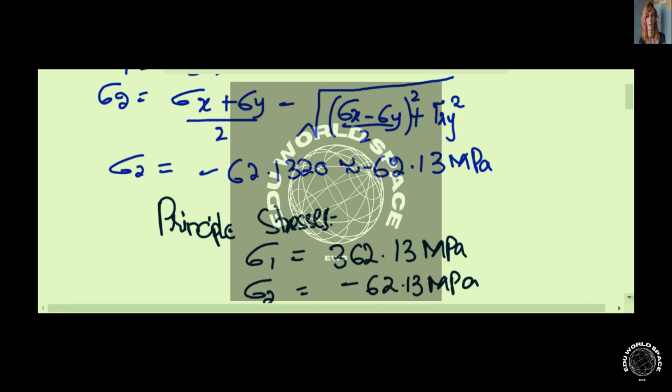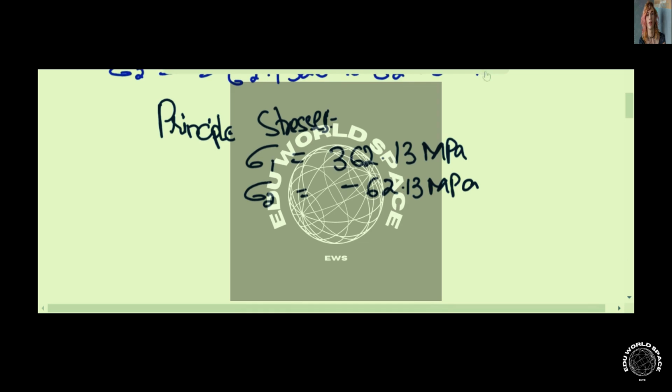As you can see, they are opposite in sign. This one is positive and this one is negative. So for the maximum distortion theory, we just need the principal stresses, and as they are opposite in signs, right?